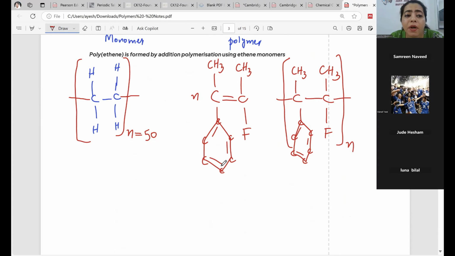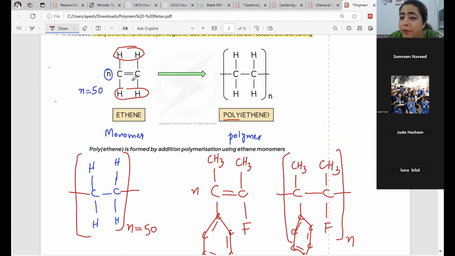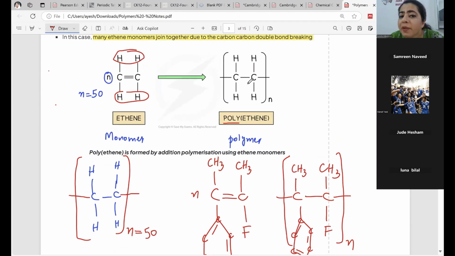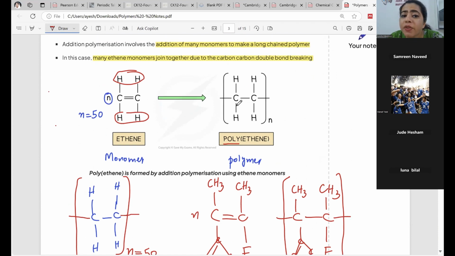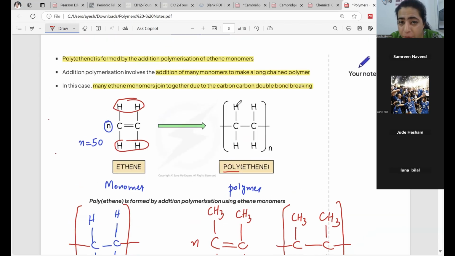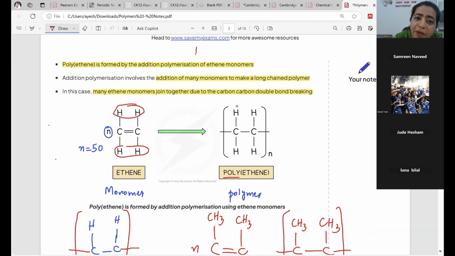Okay. Now, this is a monomer when it has a double bond. This is a polymer when it will be having a single bond and bracket. There is one more thing which is called repeating unit. 3 types of questions will come in your exam. They will ask you what is a monomer, what is a repeating unit, and what is a polymer. 3 things total.